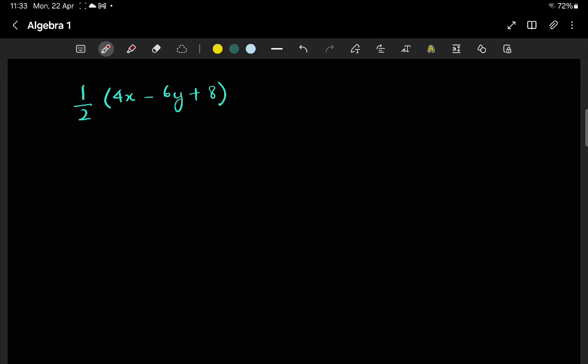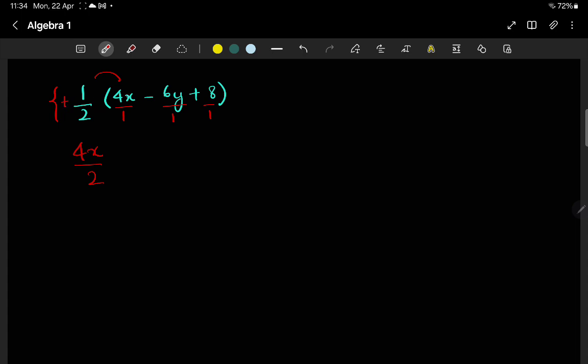Sometimes students do not understand this type of questions when they have numbers in fraction. So how will we do it? Let's consider we have 1 in denominator, in each term. So 1 times 4x is 4x, 2 times 1 is 2.